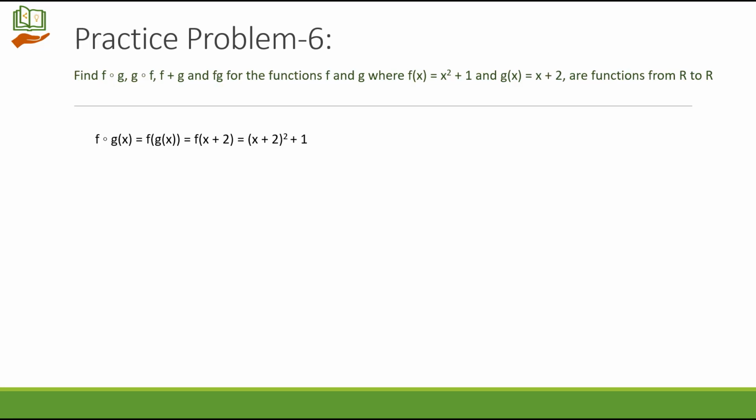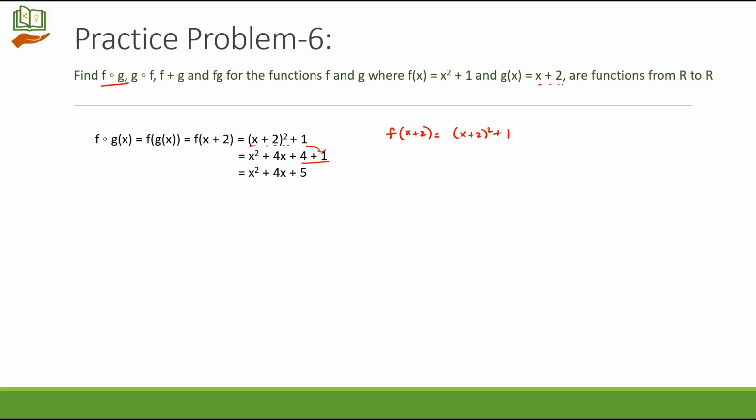So basically we have to put f of the g value, x plus 2. Now we know f of x is equal to x square plus 1. So what we will do here, we will square it up. So what is the expansion? X square plus 2 into 2x, which will give 4x, plus 2 square is 4, with this particular 1. So x square plus 4x plus 5 will be the answer of composition of f and g.